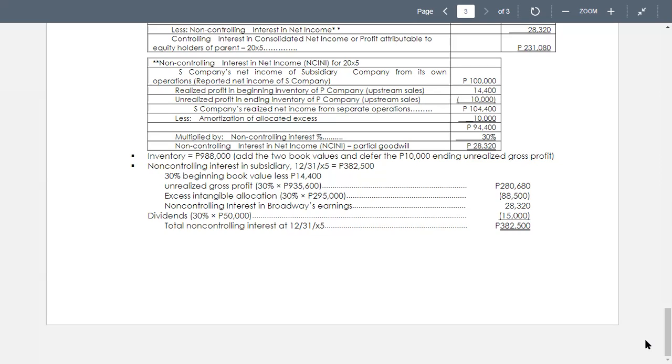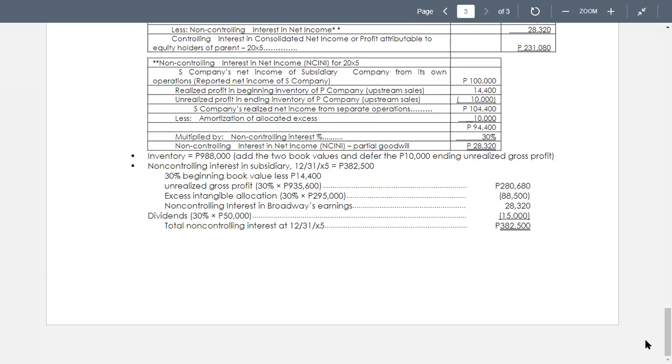Under the equity method, we have 115,000 times 70%, and then we deduct 26,250, being the unrealized profit taken out of inventory.